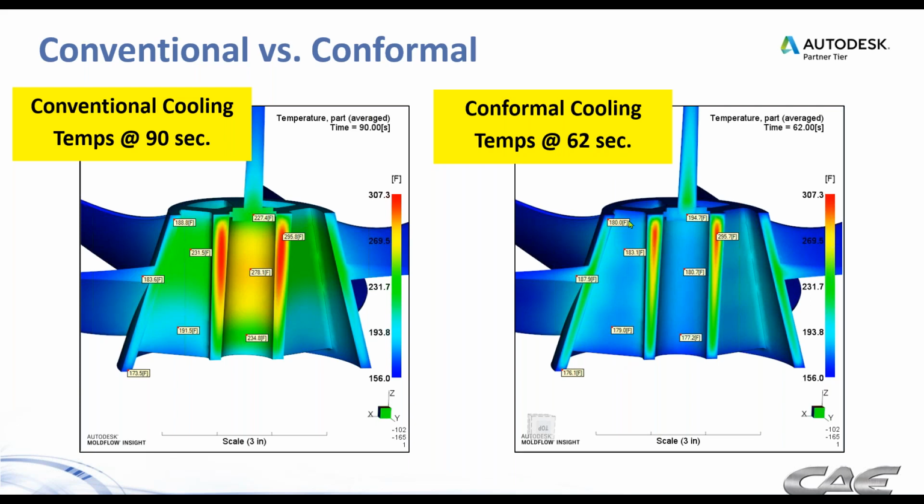You see the upper recesses of the core here, the surface temperatures are much cooler, went from green down to blue here. So almost 50 degrees of improvement there. And to get the thickest area here down to the same temperature took 28 seconds less. So major improvement all around by using the conformal cooling, both on the uniformity side and on the efficiency side.